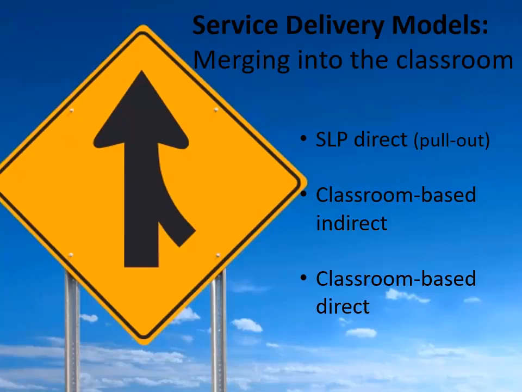And this model is pretty widely used, and it can be effective for many students depending on cognitive levels and whether or not they can generalize what is being taught in the SLP direct therapy session into the classroom.